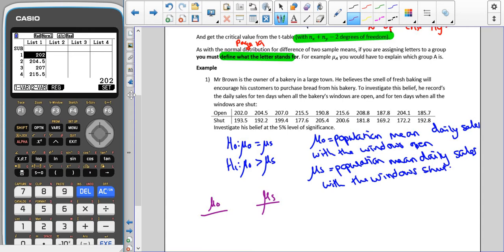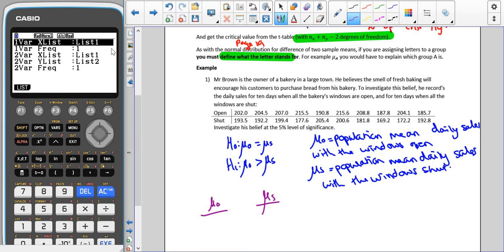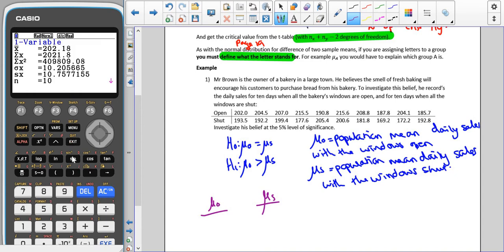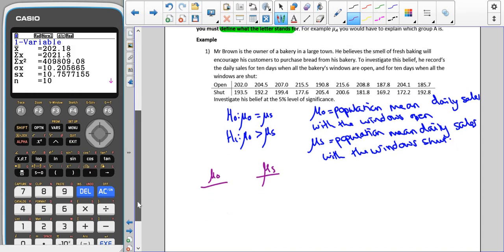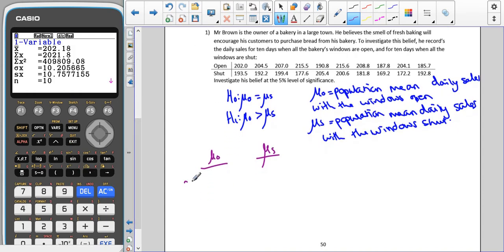Then we go into calc, check that your set says list 1, because we put our values into list 1 and we don't have any frequencies. And then we want to go to 1 var, and we're going to need to write down the sample mean, the sample standard deviation, and the number of pieces of data in the sample for each one. So for the first one, we've got 202.18.